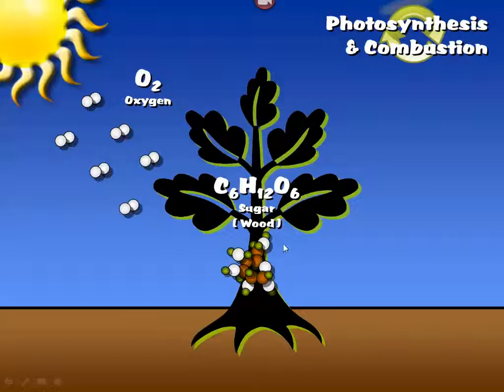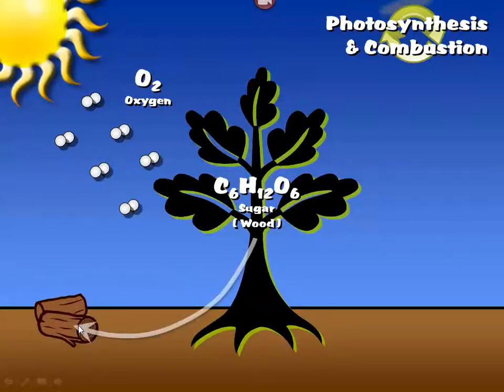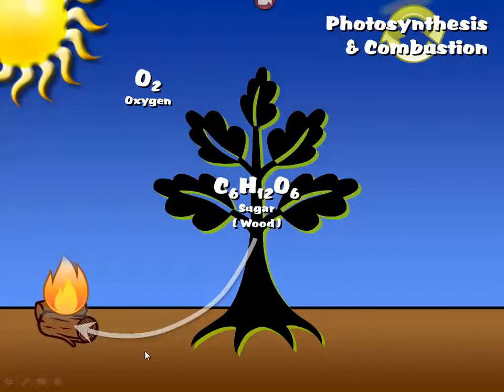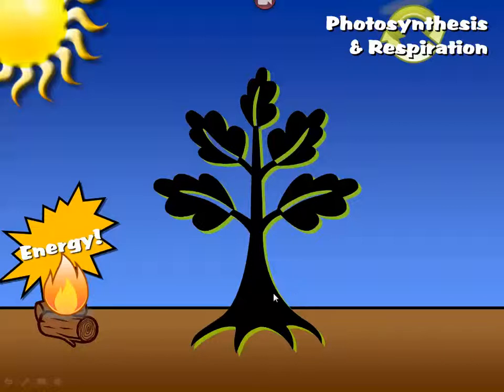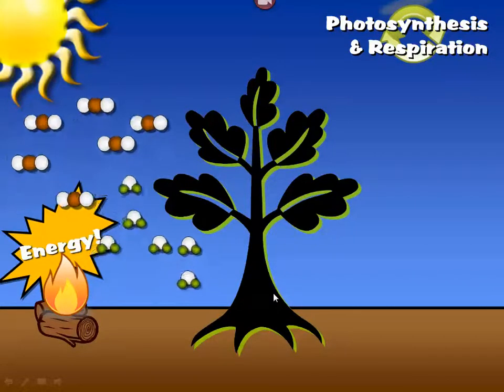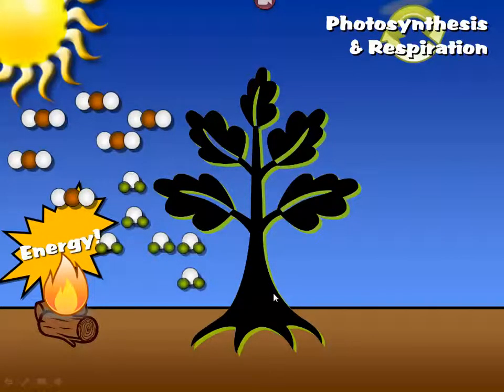Now, here's another way you can use a plant. You can take that sugar that the plant has then converted into a more complex form of wood, cut that down, add a little bit of heat, and add some oxygen. If you have fuel, heat, and oxygen, you have a flame, you have combustion happening. So you can take oxygen and the sugar from the tree, essentially burn that, and it produces a lot of energy and gives off, you guessed it, carbon dioxide and water.